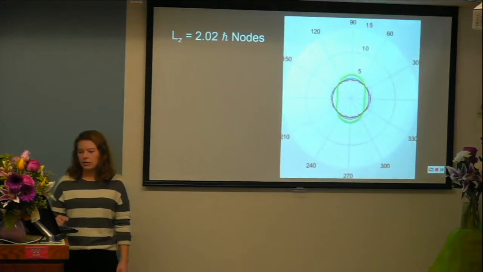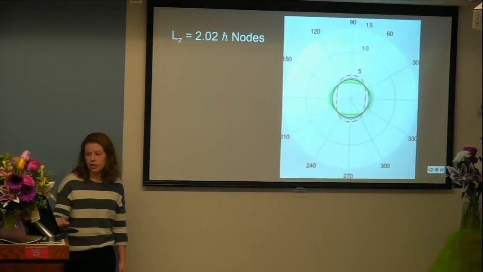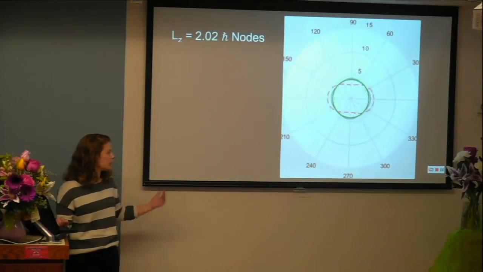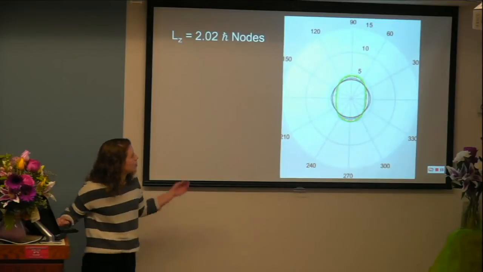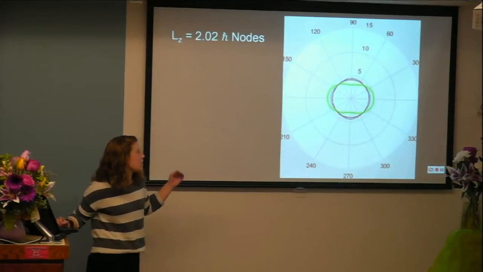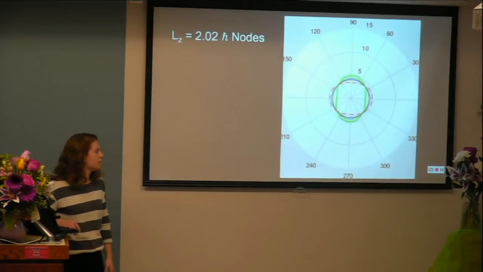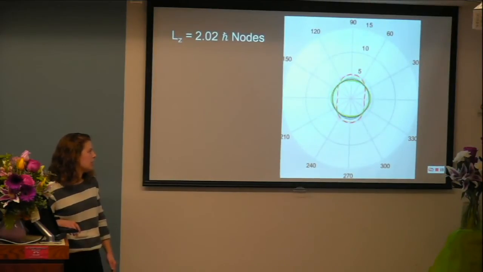And then the second one, we did 2.02 nodes. Clearly those movements are a lot more stable, and the combination of the red and the green makes the blue line unmoving. So this electron is pretty stable in its condition.